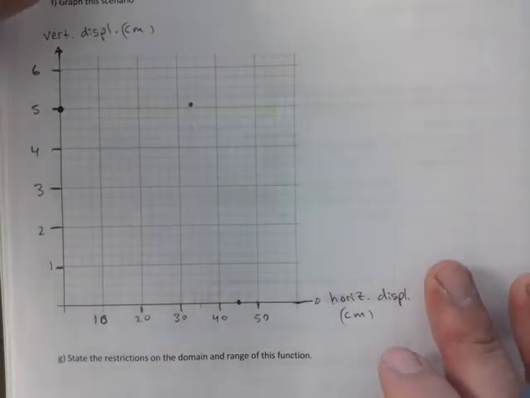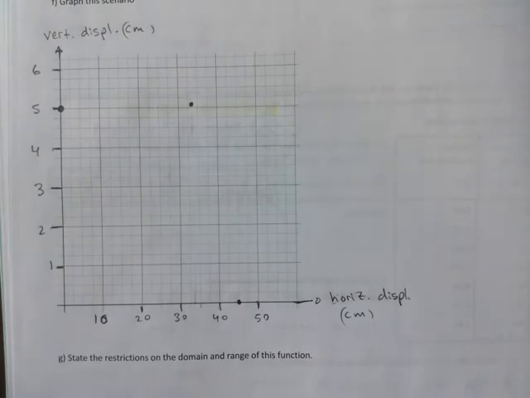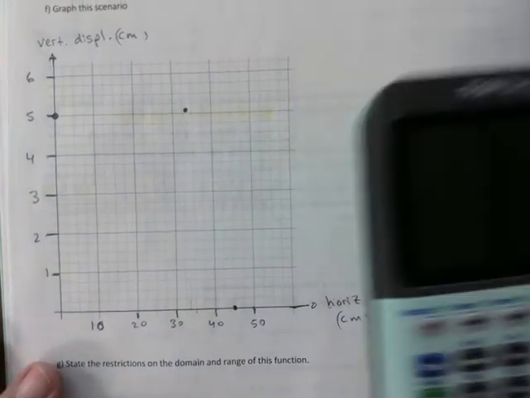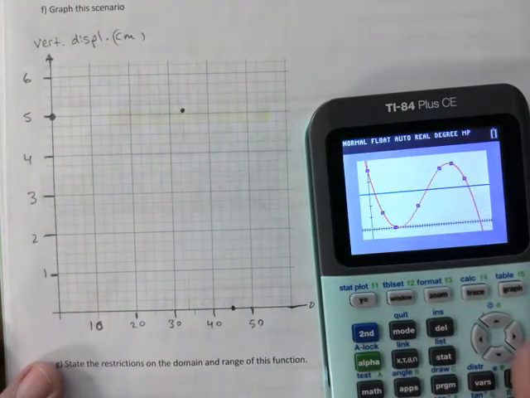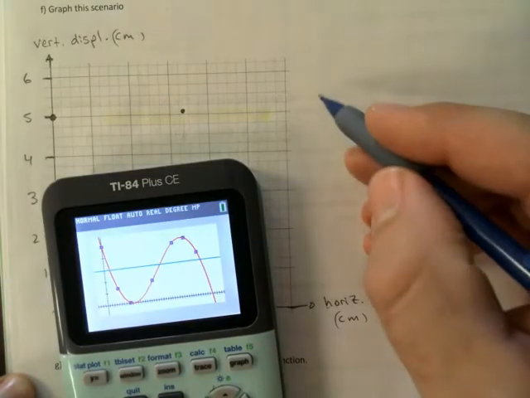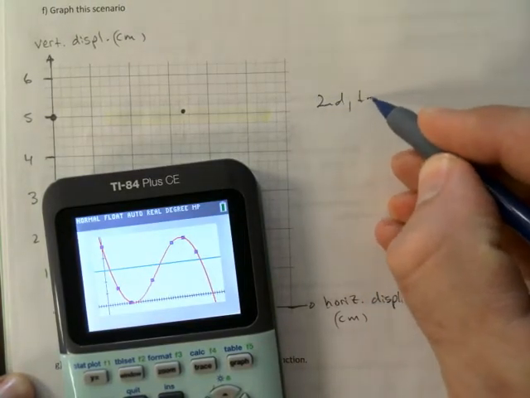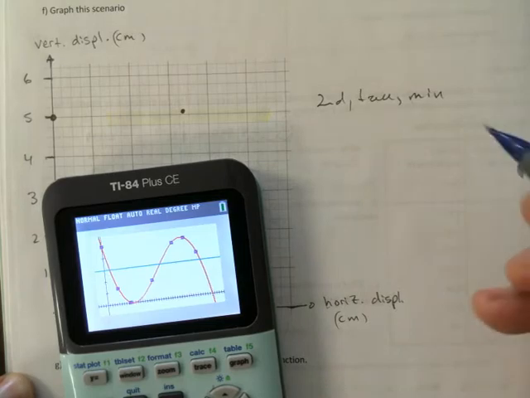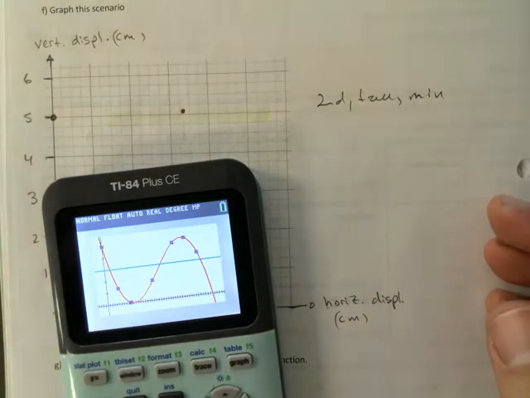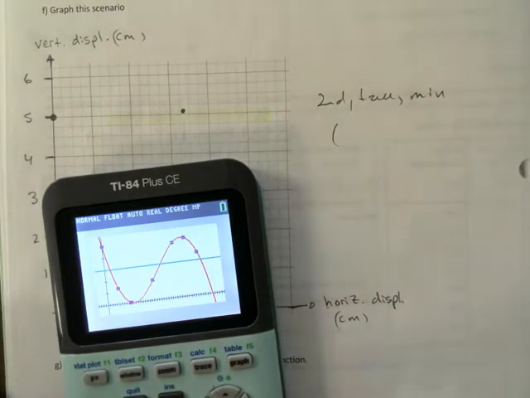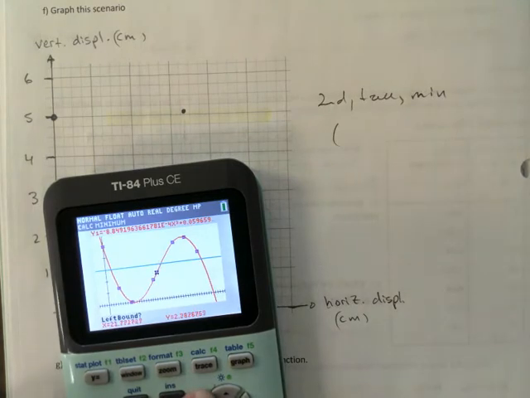And I need to find the min, right? If it's not asked of, or did we find it? I don't think we did. So let's go ahead and find that real quick. I'm going to do that on the side here. Second trace min, because you want to have those turns and you want to have the intercepts, okay? Oh, that min is an x-intercept. I get it now. That's why I didn't ask for it.